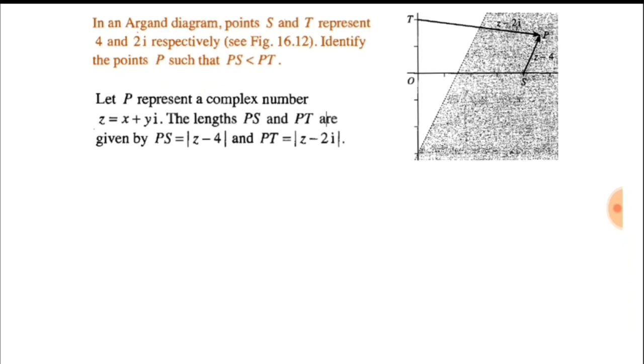Let P represent a complex number z equal to x plus yi. The lengths PS and PT are given by PS equal to modulus of z minus 4 and PT equal to modulus of z minus 2i. Then according to the condition given, PS less than PT, we can write modulus of z minus 4 less than modulus of z minus 2i.